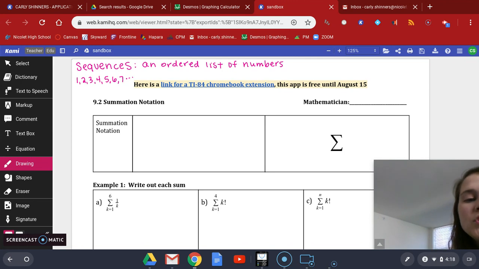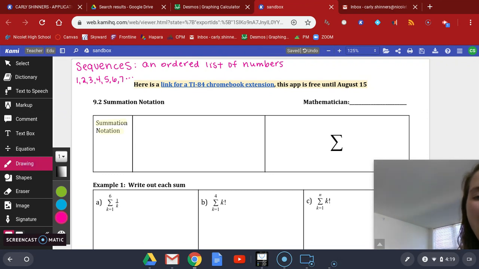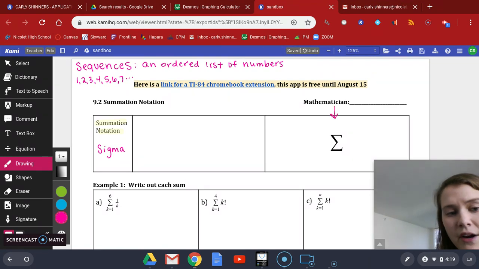So in order to do that, we're going to be using this funky dunk thing called summation notation. Nice little rhyme for you there. You might also hear it called sigma notation. This symbol here is called a sigma. It's a Greek letter.